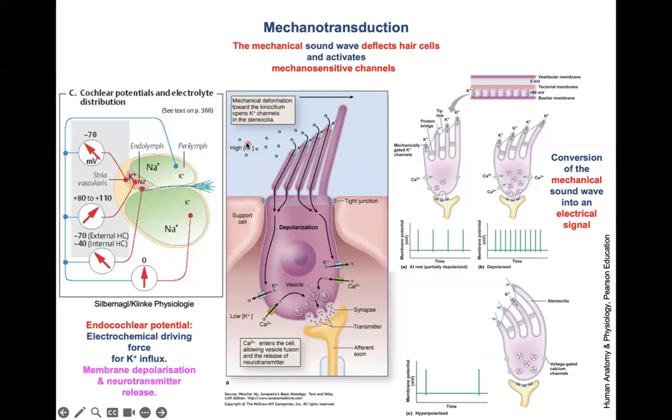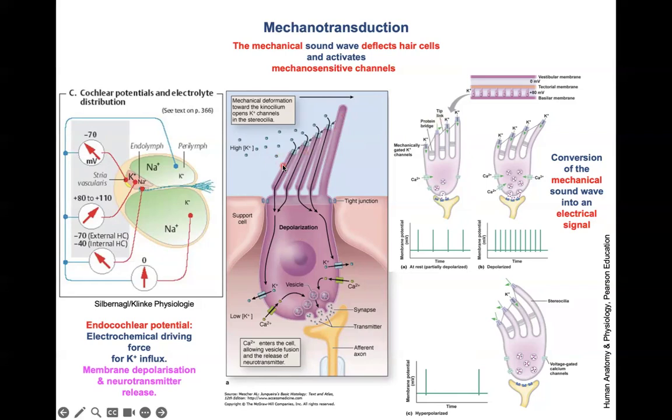The sound wave deflects these hairs. These hairs are known as stereocilia, the shorter ones, and the longest one is generally called the kinocilium. So the deflection of these hairs toward the kinocilium pull on the hair cells. Now, the hair cells, as we can see here, are connected to one another by structures that are known as tip links, which we will also see in the next slide.